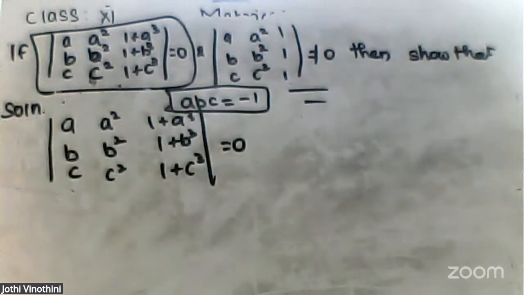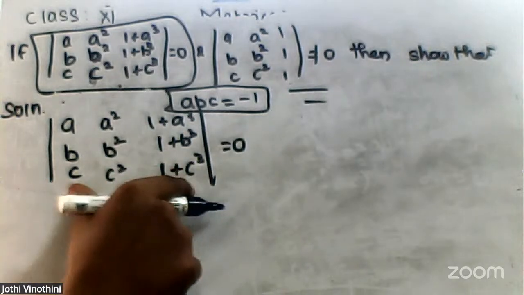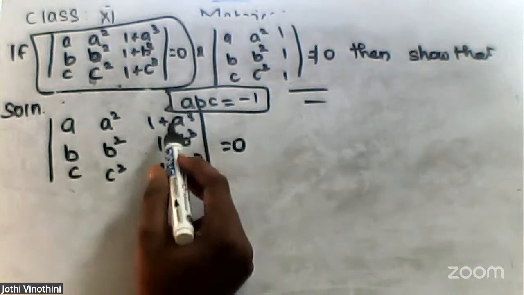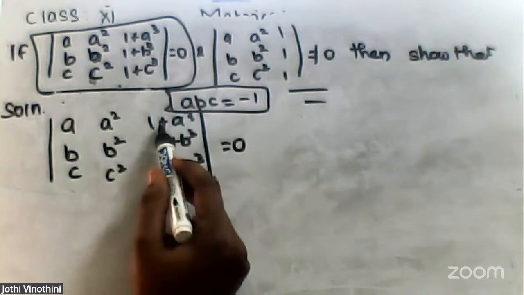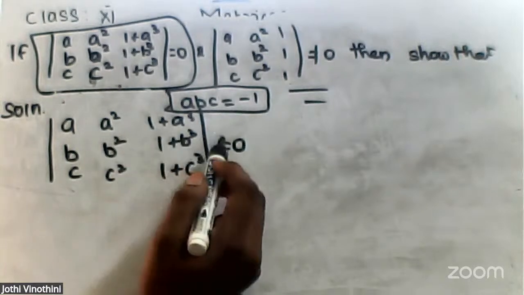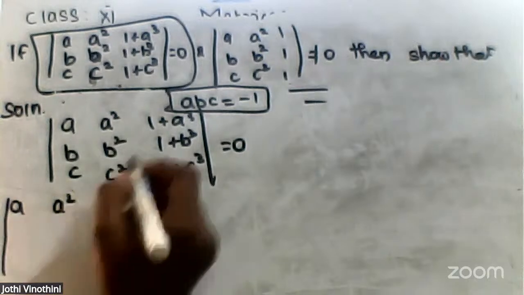Now, according to the rule of determinants, we can separate this matrix into two because in the last column of the matrix, we can see it is a sum of two elements. In all the columns, it is a sum of two elements, so I can easily separate this matrix.